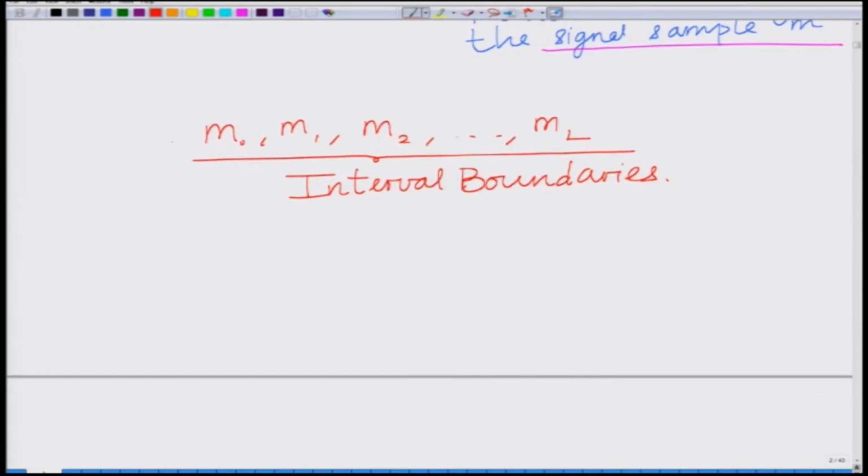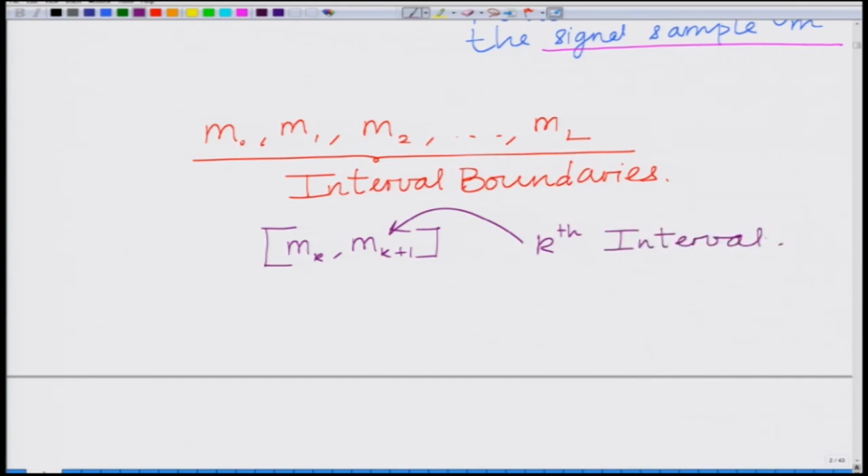Now, let us denote the kth interval as mk minus 1 to mk.